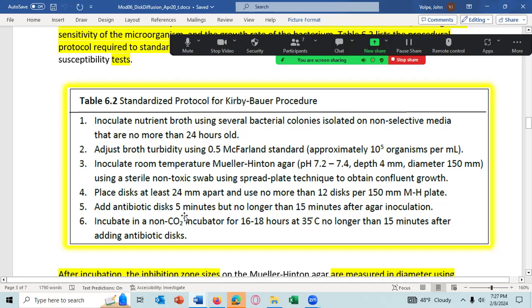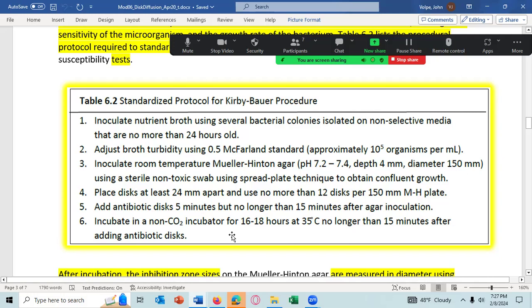The antibiotic is added 5 minutes after putting the bacteria on the plate, but no later than 15 minutes after putting the bacteria on the plates. You then incubate the plate in a non-CO2 incubator for 16 to 18 hours at 35 degrees Celsius. And you put the plates in the incubator no longer than 15 minutes after you add the antibiotic disc.